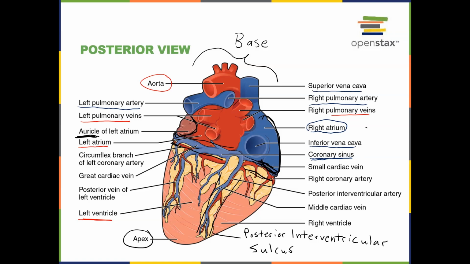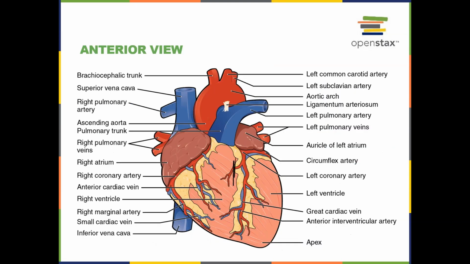This groove in between the atria and the ventricles that contains the coronary sinus is called the coronary sulcus. And because it is separating the atria from the ventricles, it is also sometimes referred to as the atrioventricular groove or atrioventricular sulcus.